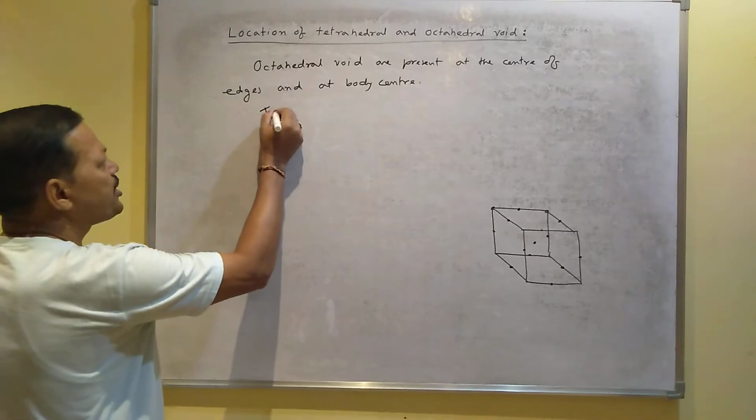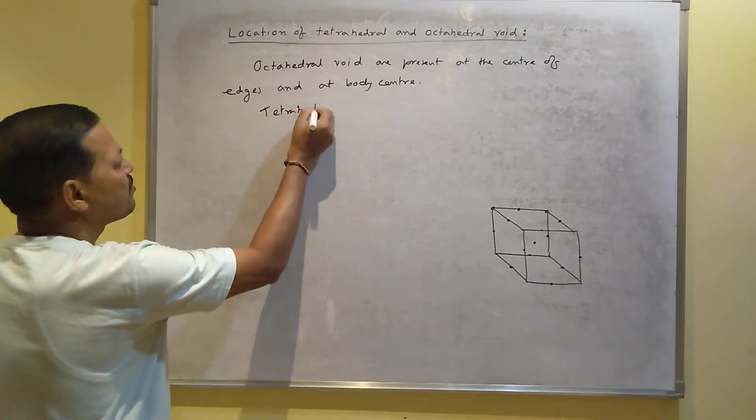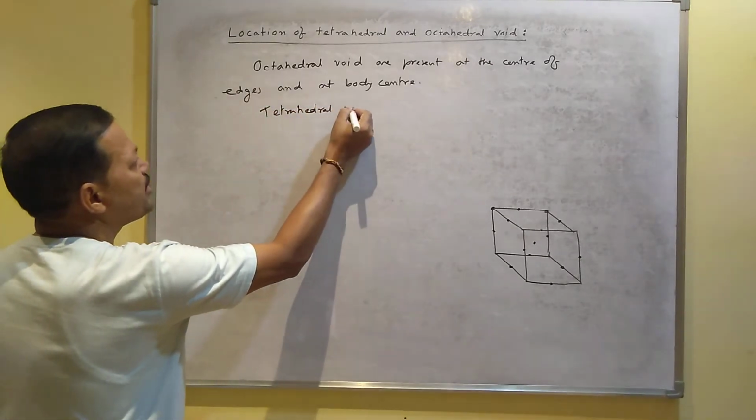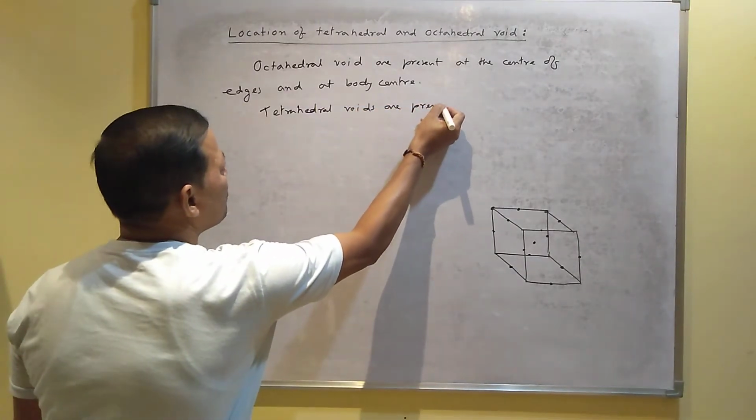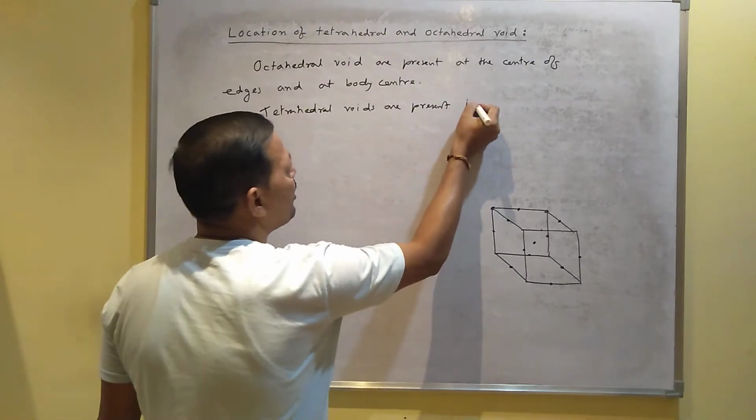And tetrahedral voids are present in the body diagonal.